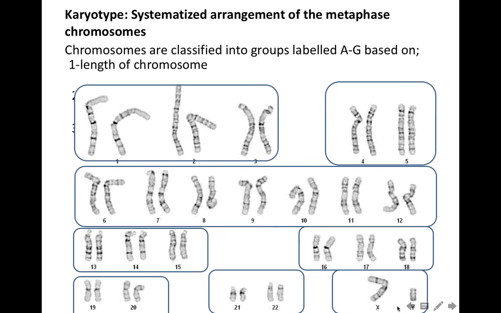And then the X and Y chromosomes, they are the sex chromosomes and they are grouped together at the end of the karyotype. And so this is a normal karyotype, and the sex here is of a male.